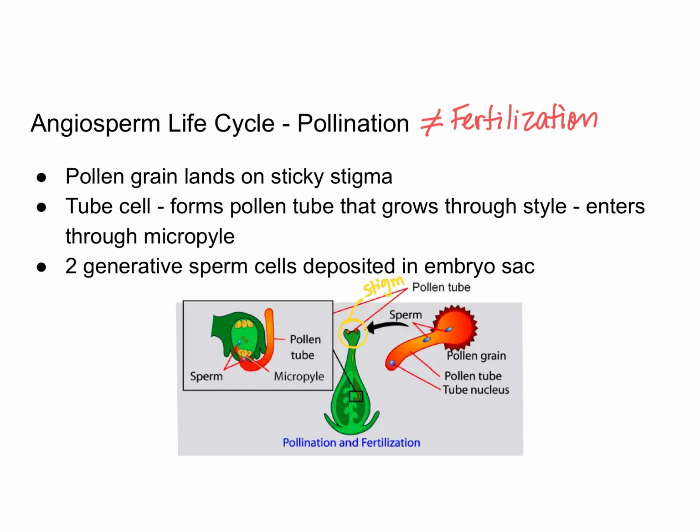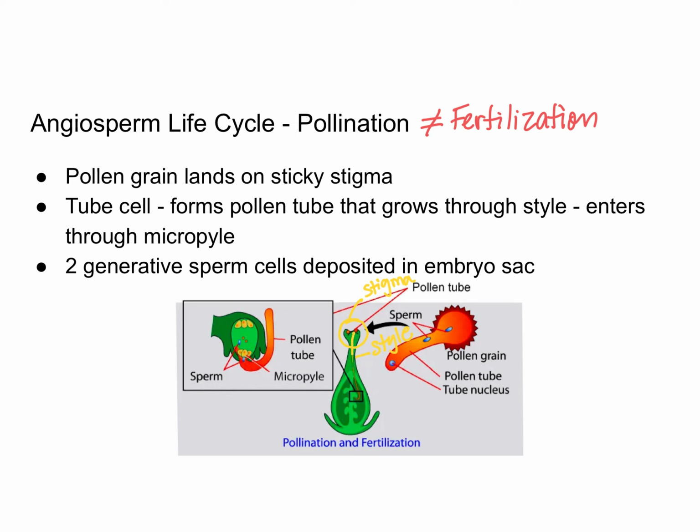Now remember that inside this pollen grain, we have three cells. We have a tube cell and then two sperm cells. The tube cell from the pollen grain is going to start forming a tube or a passageway through the style, which is this neck region here.